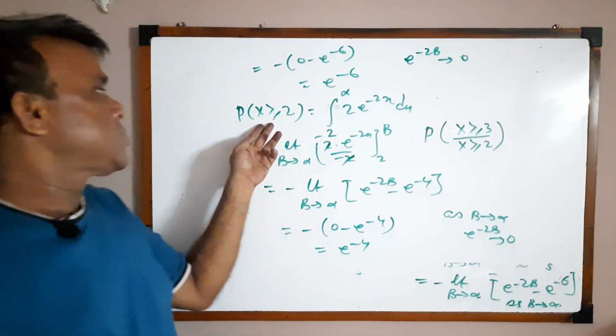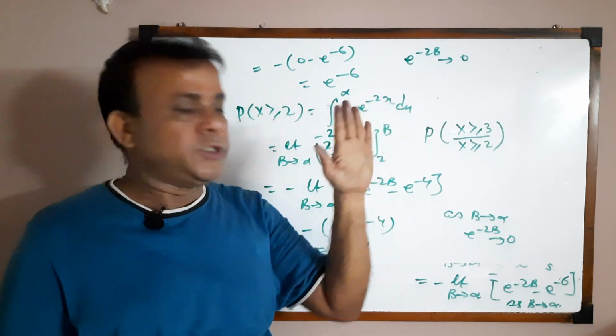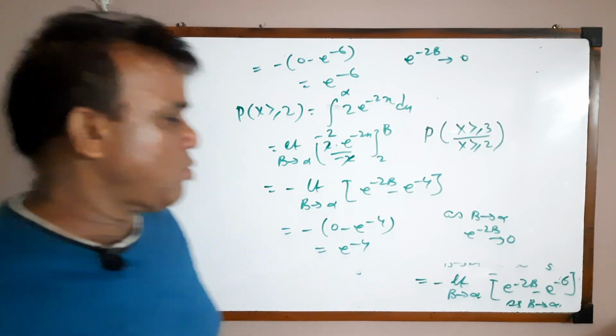The probability that the length of shower lasts at least 2 minutes is e to the power minus 4.